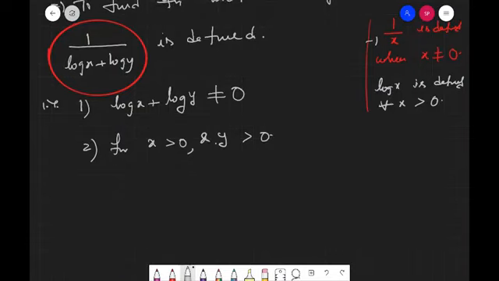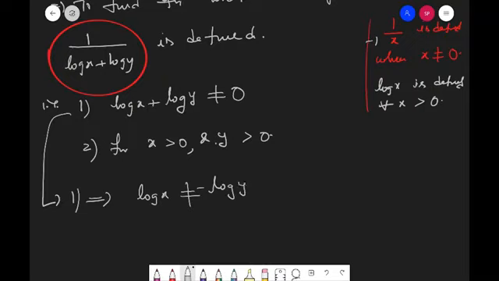So let us look at it point by point. The first one implies log x plus log y, log x must not be equal to minus log y. Which is possible for all x comma y.